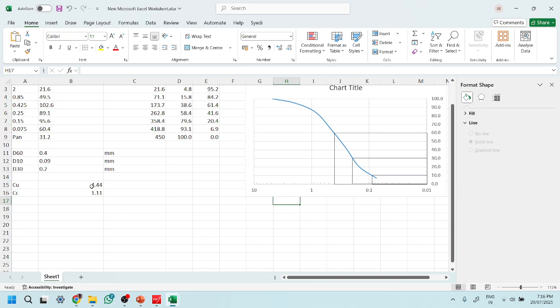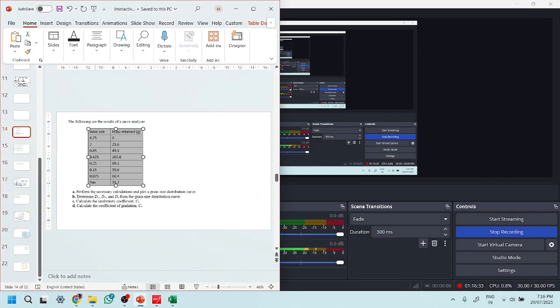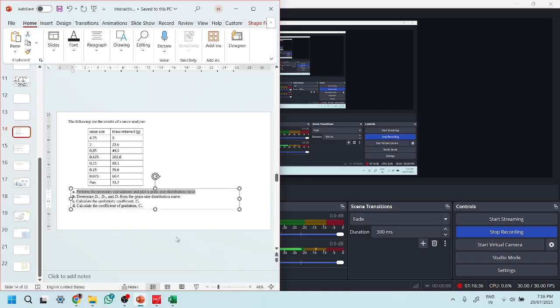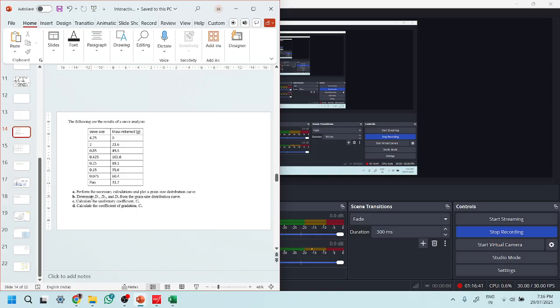Then for sands, yes, greater than 4. So the classification will be here. So we did the calculations. We determined these terms, calculated the uniformity coefficient, and then calculated the coefficient of curvature. So your CU equals 4.44 and CC equals 1. Okay.